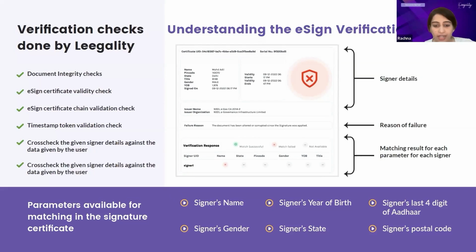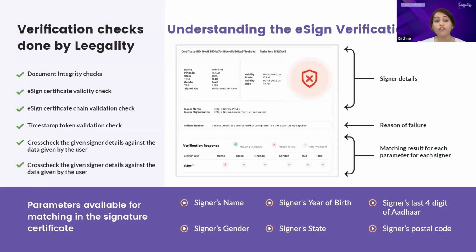Now, the matching results that I had showed you, these were the parts of the verification report, and the checks have been explained by me in bits and pieces while showing the demo as well. But just to summarize them here, we do document integrity checks, which means we make sure the document is not tampered with after signing.